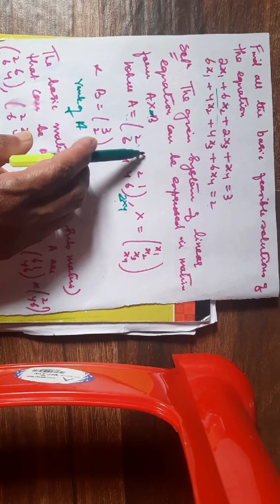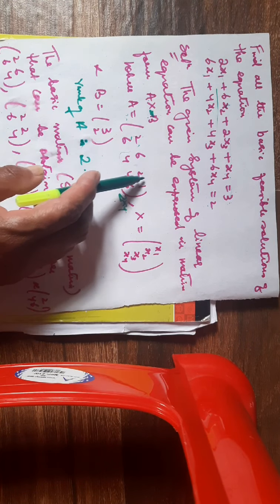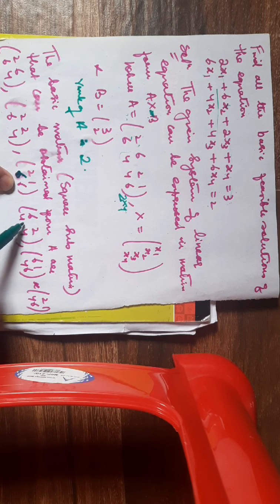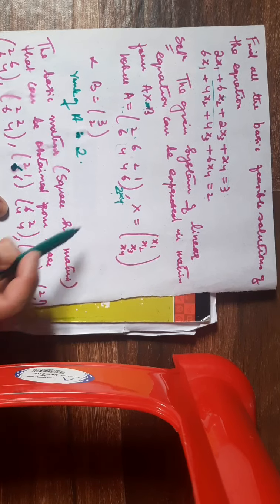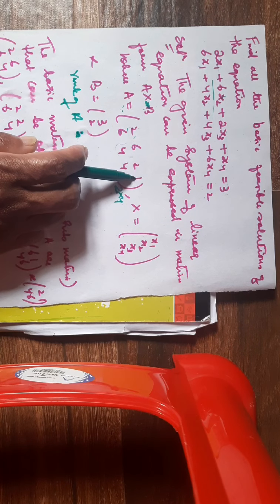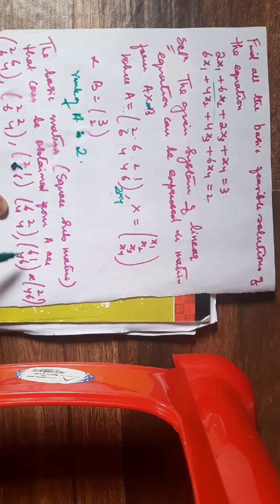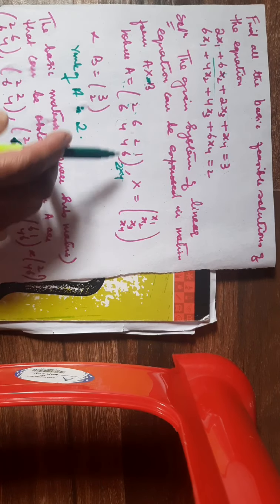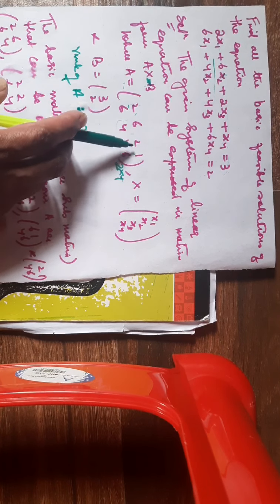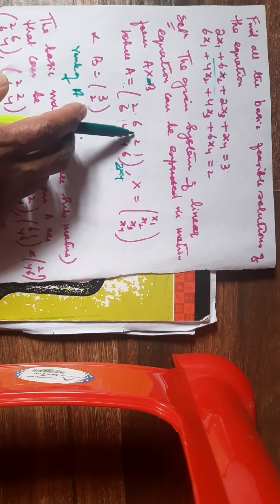Next, consider the second column and the third column, so you get another basic matrix, 6, 4, 2, 4. The next one, consider the second column and the last column, so you get 6, 4, 1, 6. And the last one: you consider the third and the fourth column, that is 2, 4, 1, 6.